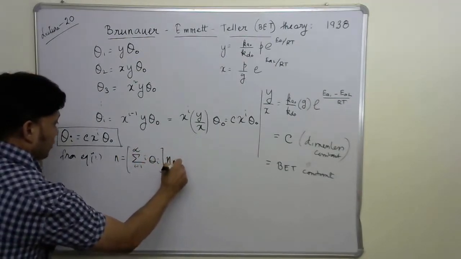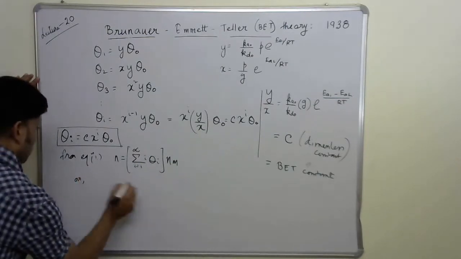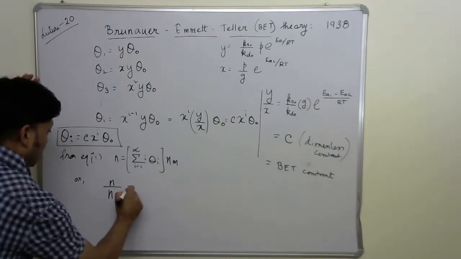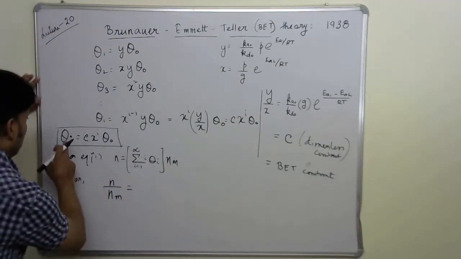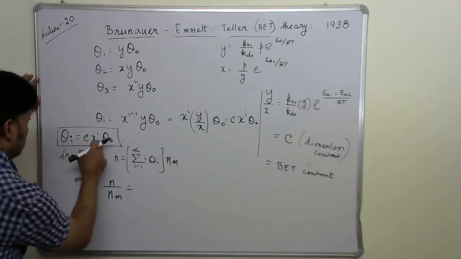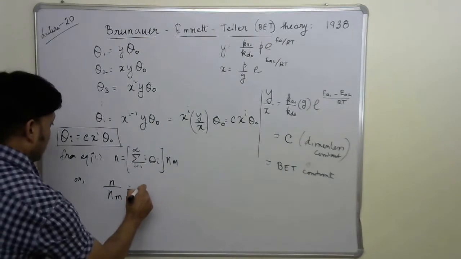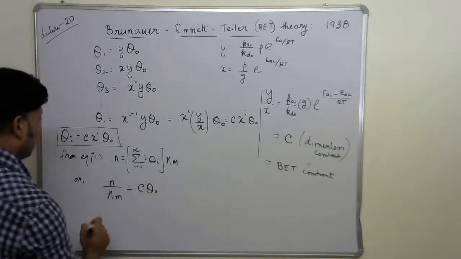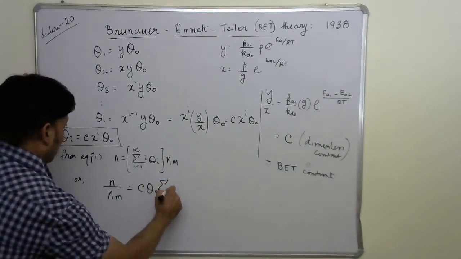So to simplify it, we take n divided by nm is equal to this quantity. Now here, instead of theta I, I'm going to write C x to the power I theta 0. So we can take C and theta 0 out of the summation term.